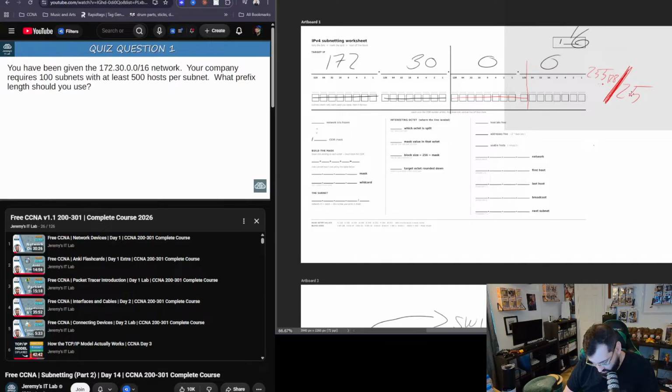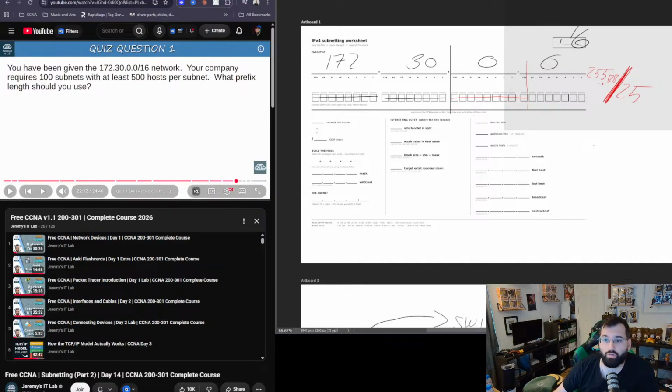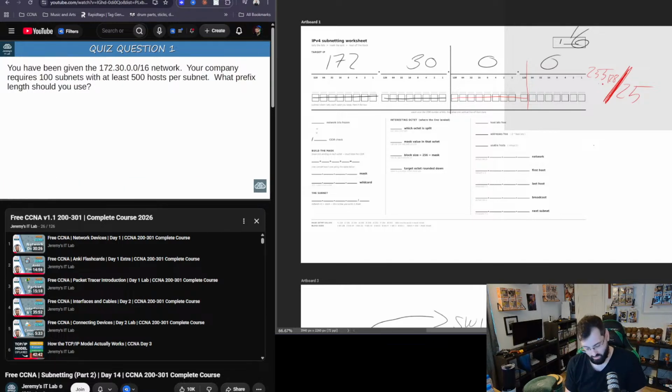That's a good catch. 2 to the power of 7. No. The question is your company requires 100 subnets with at least 500 hosts per subnet. So it doesn't matter if we broke 500 because it needs at least 500. That's why I thought it was 25 and not 23.